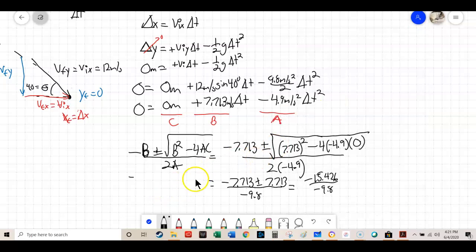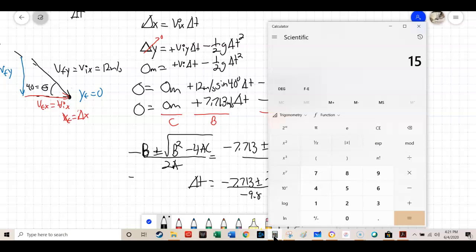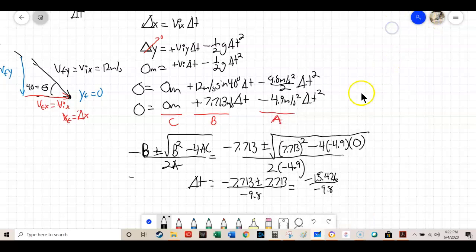The time of flight is what we're solving for here. So the time of flight is going to be 1.57 seconds.